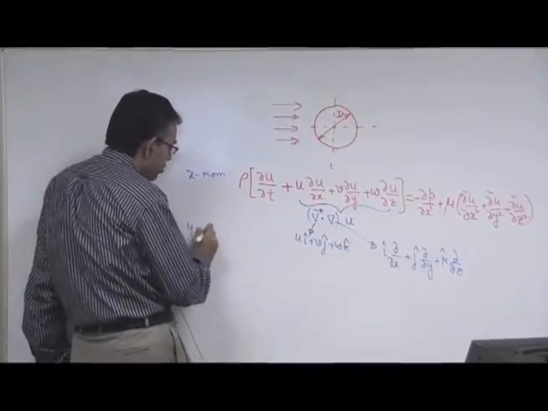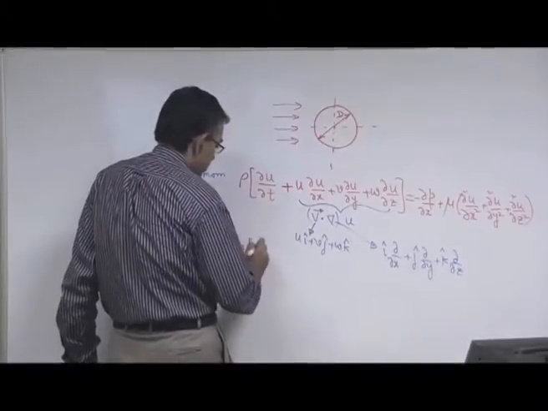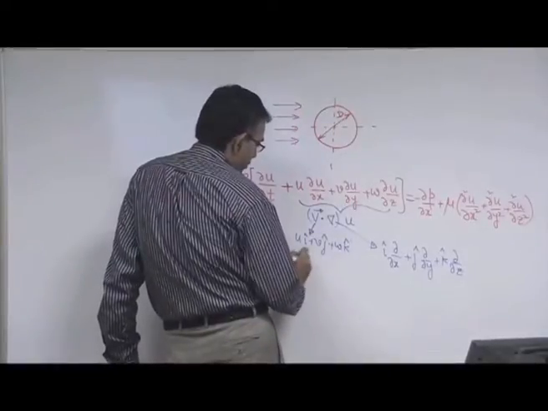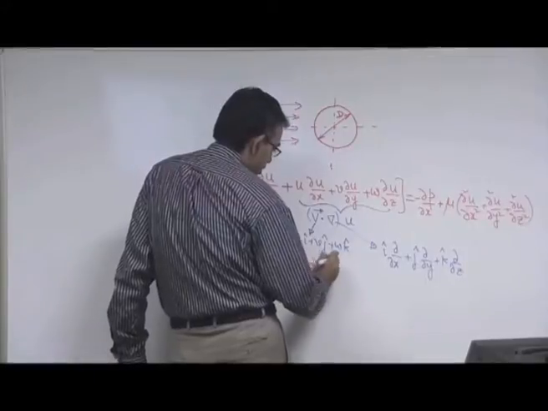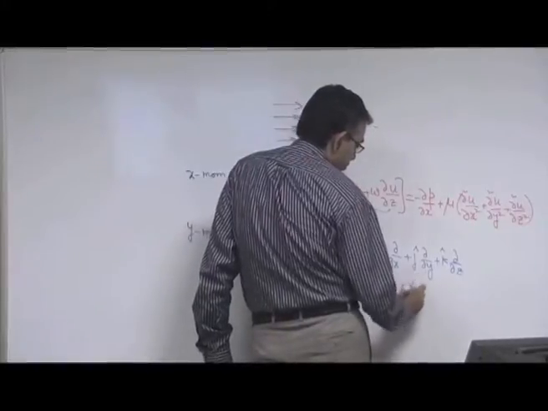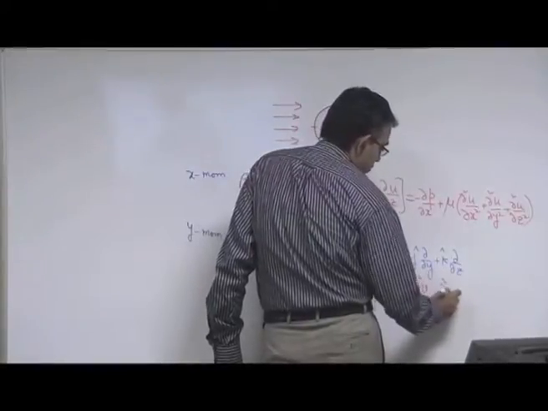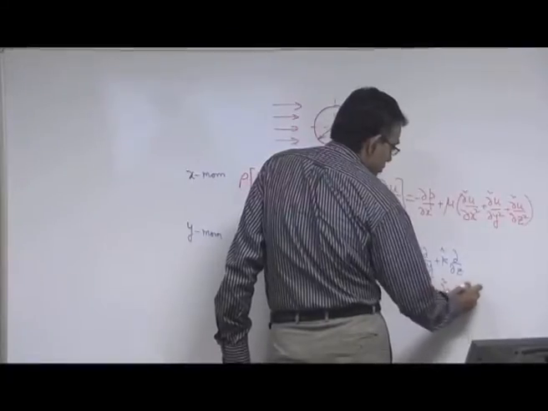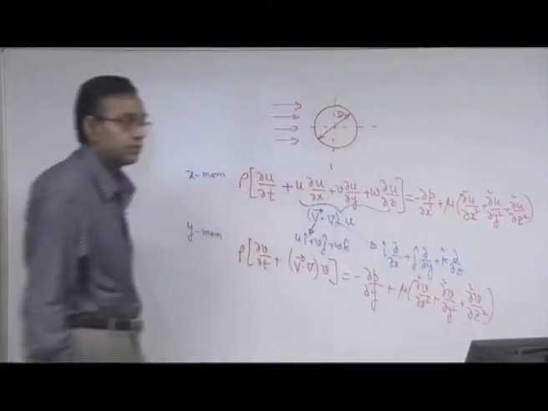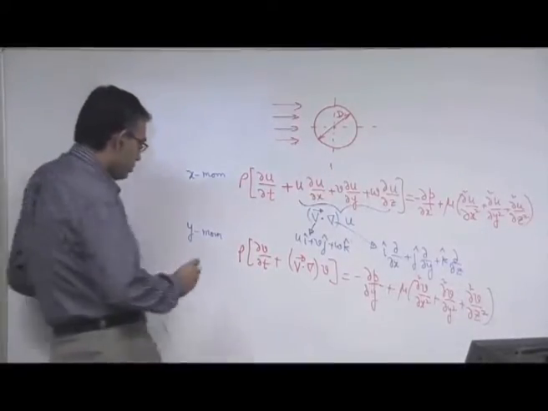Similarly, y momentum and z momentum, let us quickly write. Y momentum, it will be V dot del V.